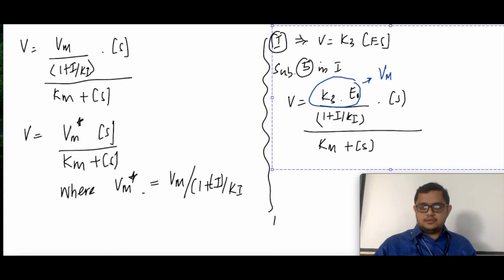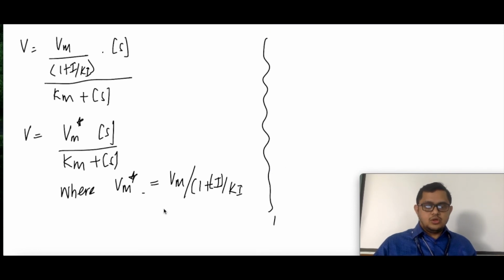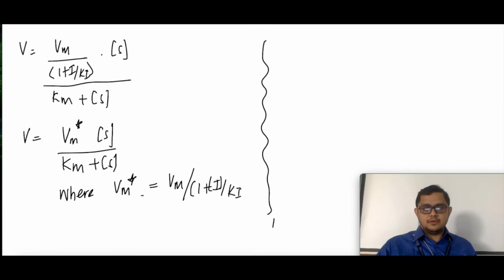Let me erase this. According to this, if you compare the Vm and Km for a normal reaction and an inhibitor reaction, we can find the Vm for the inhibitor reaction. Vm star is the inhibitor reaction.